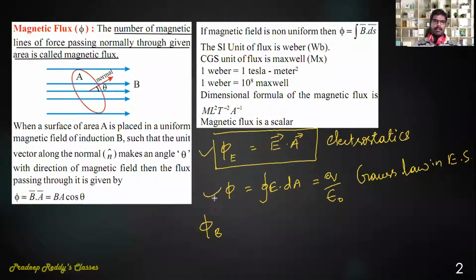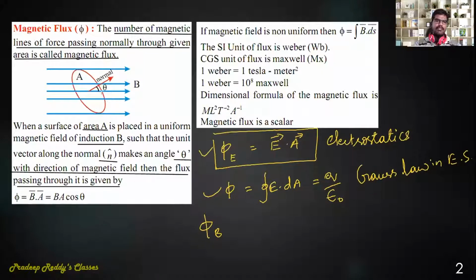And when a surface of area A is placed in a uniform magnetic field induction B, the unit vector n cap makes an angle theta with the direction of the magnetic field. Then the flux passing through it is given by phi equal to B dot A, which is BA cos theta.